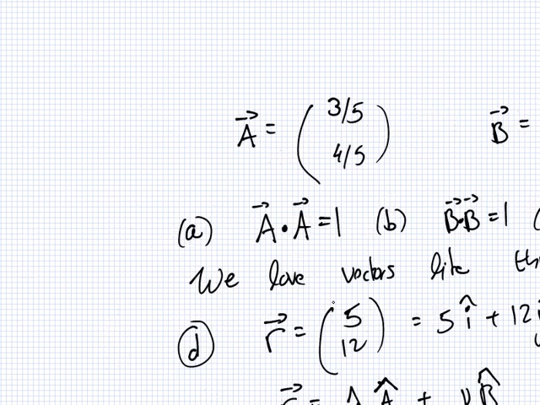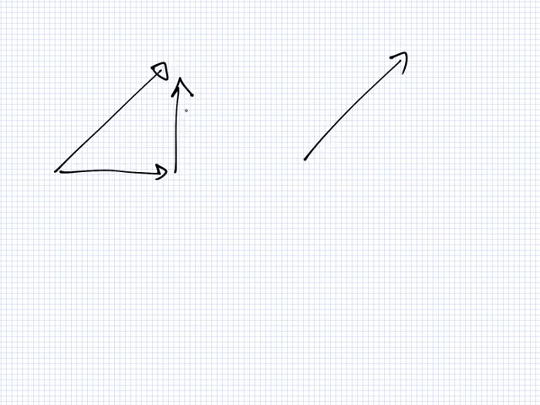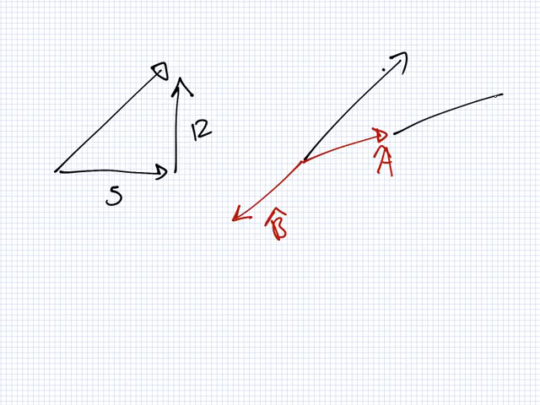So what I'm picturing here is you have some vector OR, and you can say that's 5i's plus 12j's. But we have these two vectors, here something like A, and here, for example, something like B. And I want to know, can I write my OR instead of 5i's and 12j's as so many A's and so many B's.